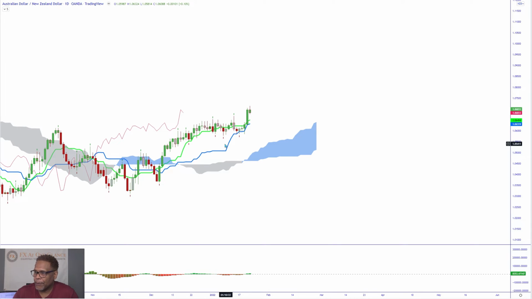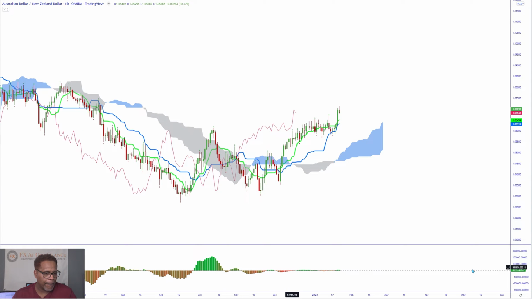Anybody know? Is that divergence? I don't see it. But what could happen other than the market pulling back off of this big C-clamp separation of Tenkan-sen, Kijun-sen?